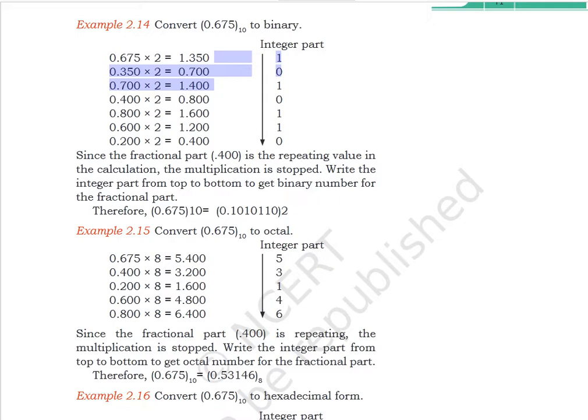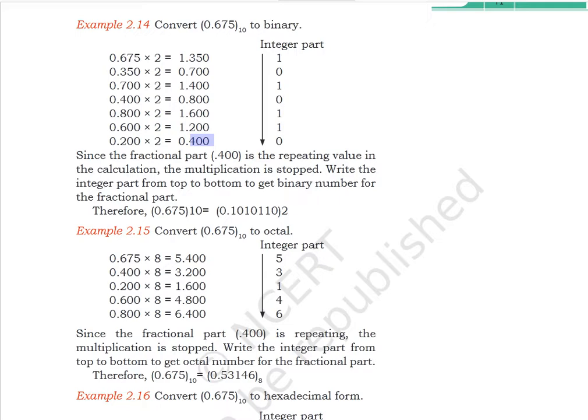0.400 is here, and the integer part is collected as 1, and then it becomes 0.800, then 0.600, then 0.200, and again it comes 0.400. Since the fractional part 0.400 is a repeating value in the calculation, the multiplication is stopped here.